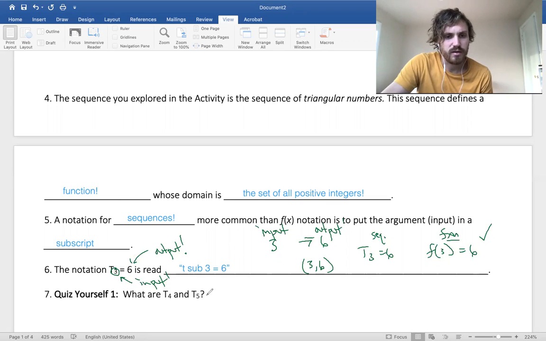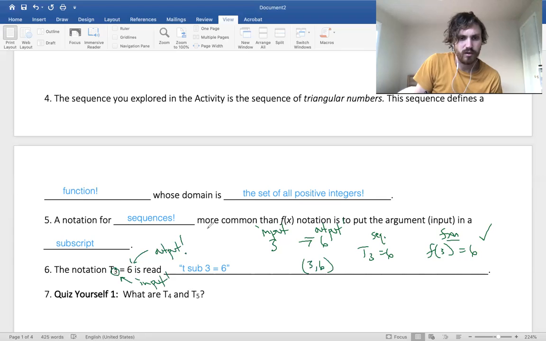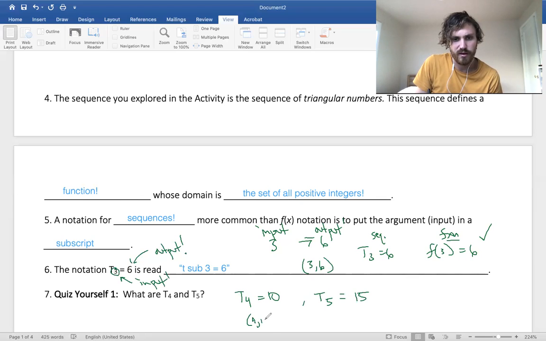So t sub 4 and t sub 5. Going back to our table, I think we remember that t sub 4, the fourth triangular number, was 10. So we could say that t sub 4 equals 10, and t sub 5 was 10 plus 5, which was 15. So these are the points (4, 10) and (5, 15).